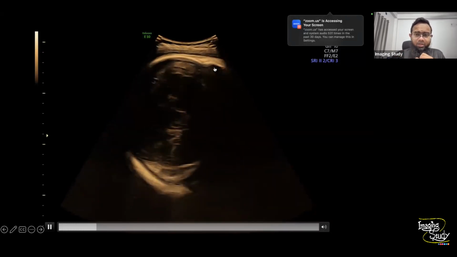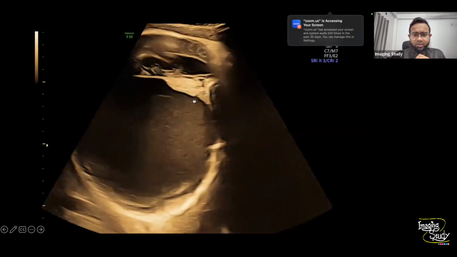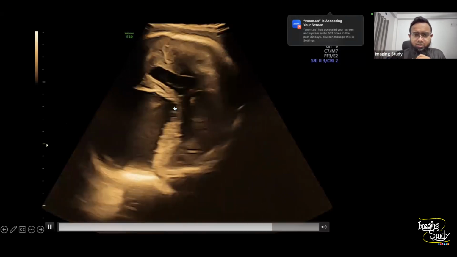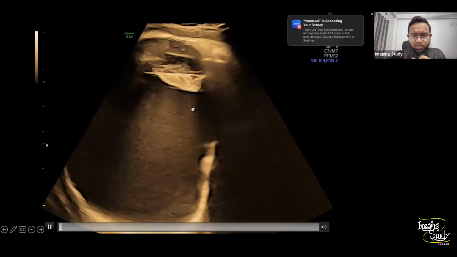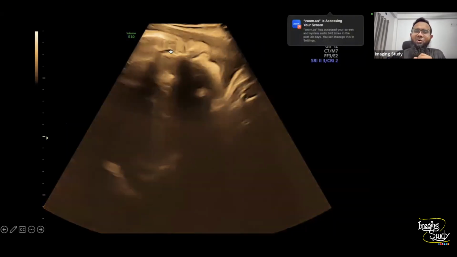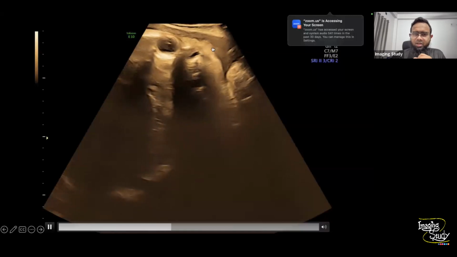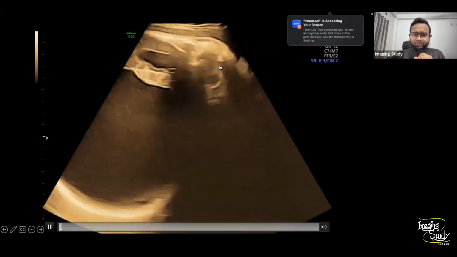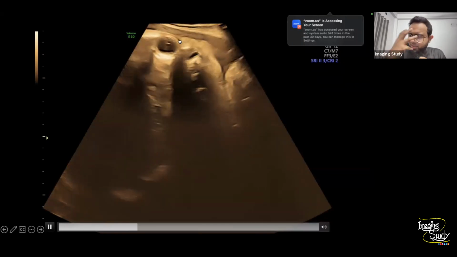We'll see another video here. So let's go a little further. It looks quite hazy, with fluid inside, obviously due to the machine setting or something like that. But it's a huge one. You can see this is the orbit. You see, this is the nose region. So definitely this is the frontal aspect of the baby.